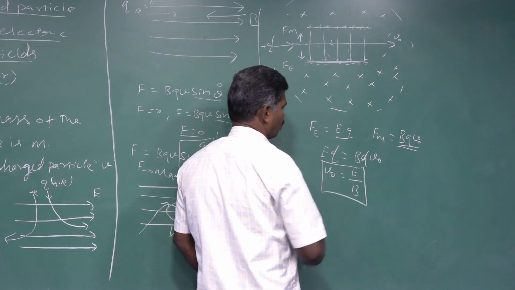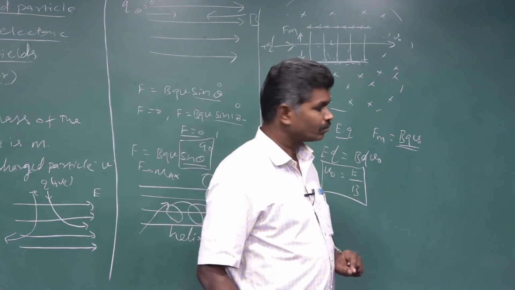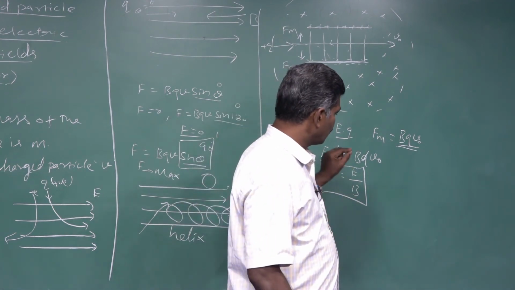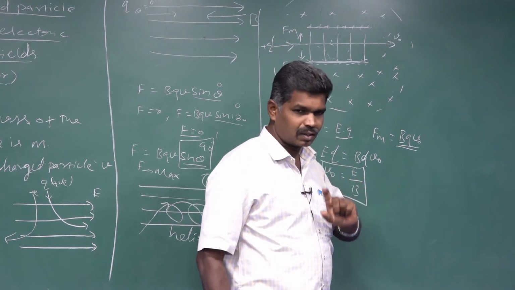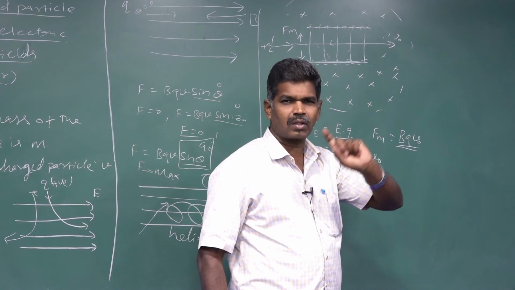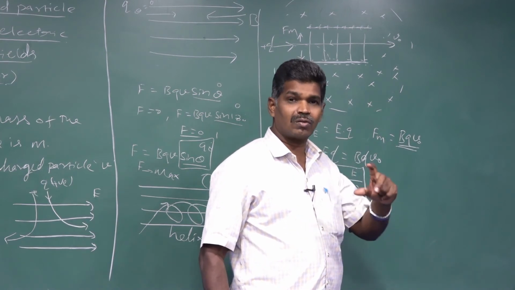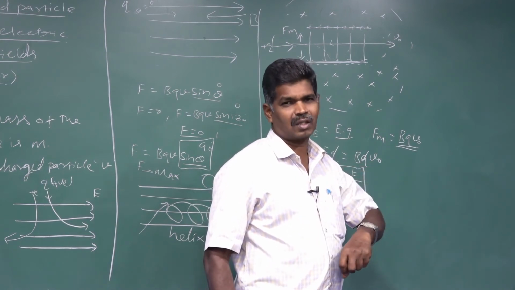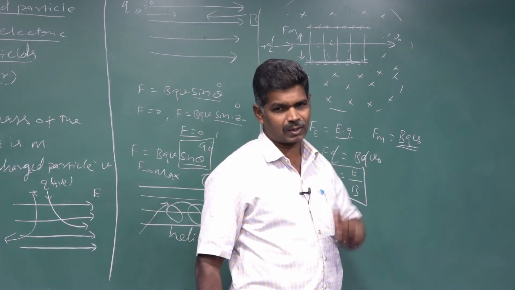This is the one particular velocity for a given electric field and magnetic field. At that velocity the charged particle comes out of the crossed electric and magnetic field without deflection.